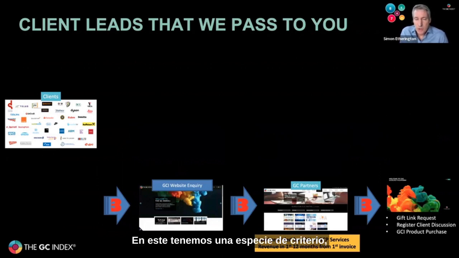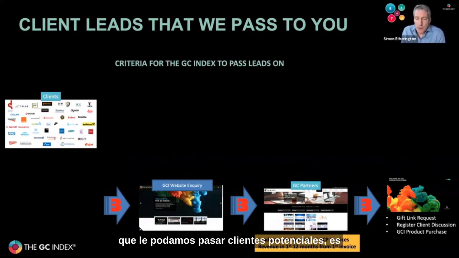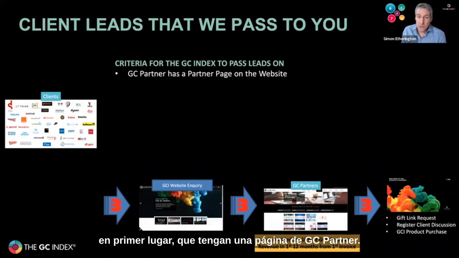The third one, first of all, we have a kind of criteria. What we're looking for a partner to be eligible for us to pass leads on is first of all that they do have a partner page. It's really difficult for us to say, yeah, use this partner when they're not actually on our website. So that's the first thing.